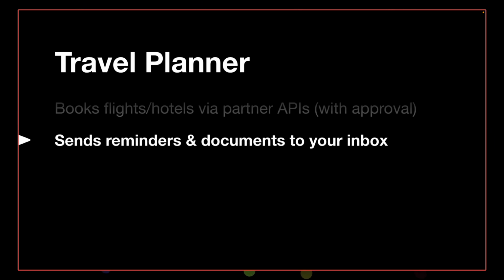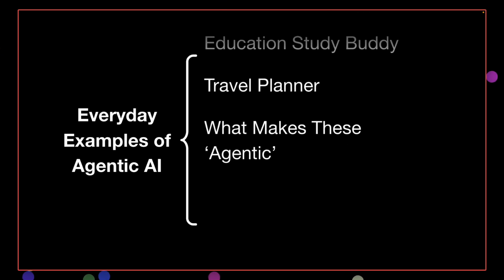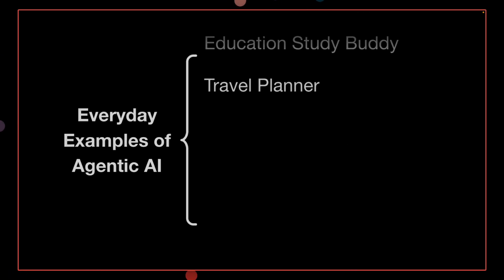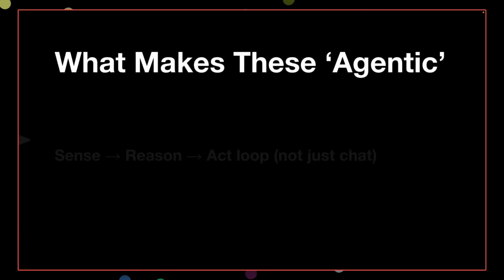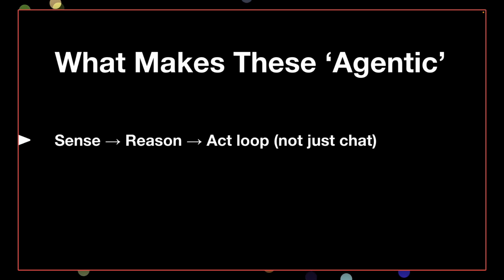So, overall, if you look at all the examples that we have talked about, especially about agentic AI, there's one common thread across these examples. The common thread is the sense, reason, and action loop.